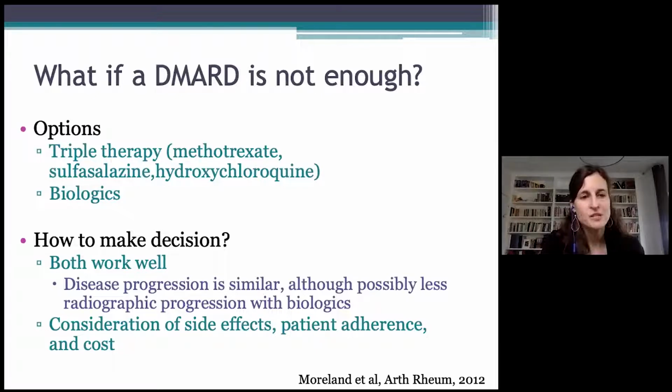When we talk to our patients about the next step, we want to take into consideration the side effects, patient adherence, and cost. Triple therapy can be complicated for some patients as you're taking 3 different medications with potential side effects, and also just in terms of timing of when to take it every day. But biologics are also extremely expensive, as you know. So it's a talk that we need to have with each individual patient.